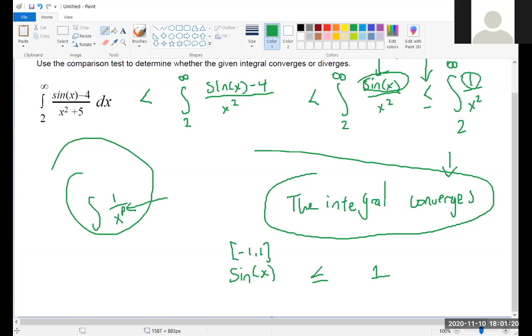For example, you see these integrals we chose to compare it to. You don't have to choose these three. If you choose a different path, it could give you inconclusive, but then there could be another path that doesn't give you inconclusive. So when you get inconclusive, it doesn't necessarily mean you did it wrong, but it could mean that there is a different path for you to take. Hopefully that makes sense.